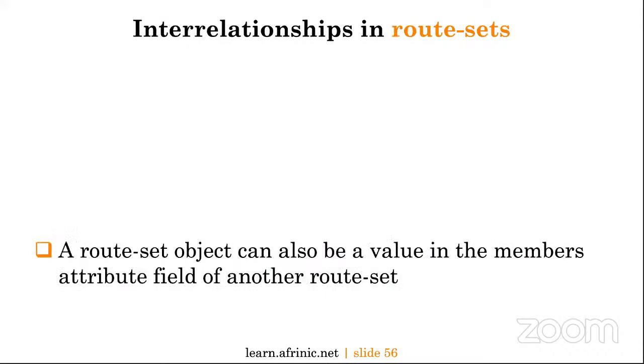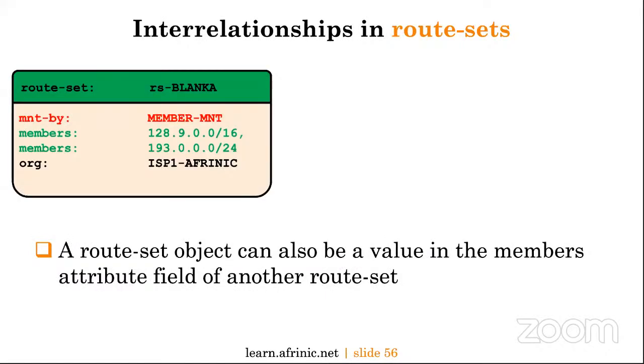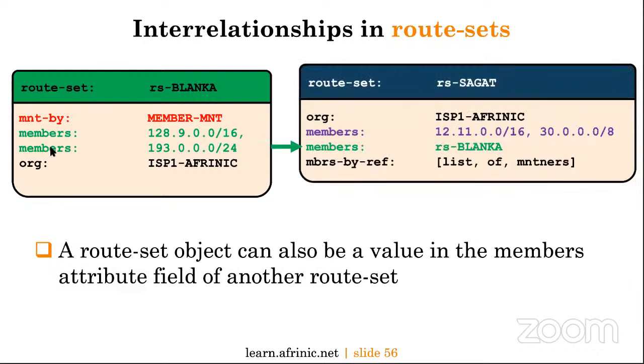So this is an example. You have this route set, RS-Blanca, which contains these two prefixes in its members section. And it can be referenced in this route set, RS-Sagat, using its name. Okay. Now route set RS-Sagat has this entire route set in it and these other two prefixes.